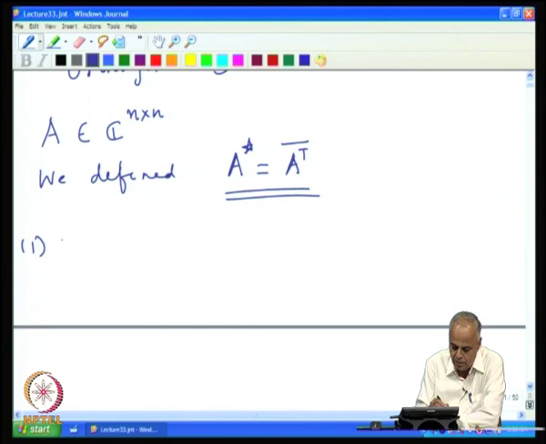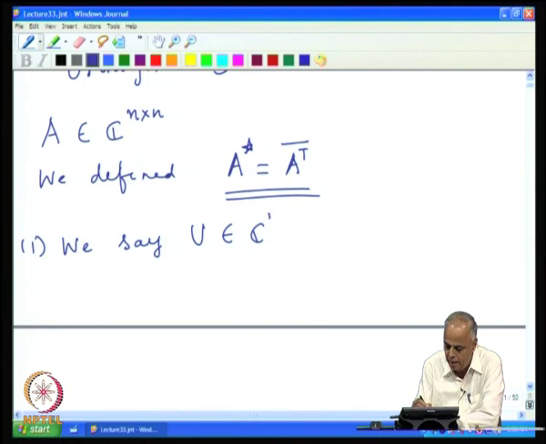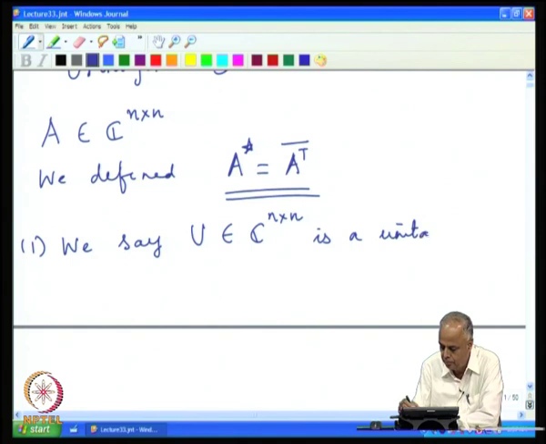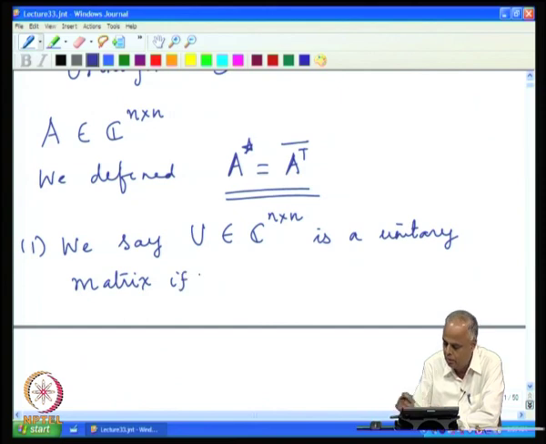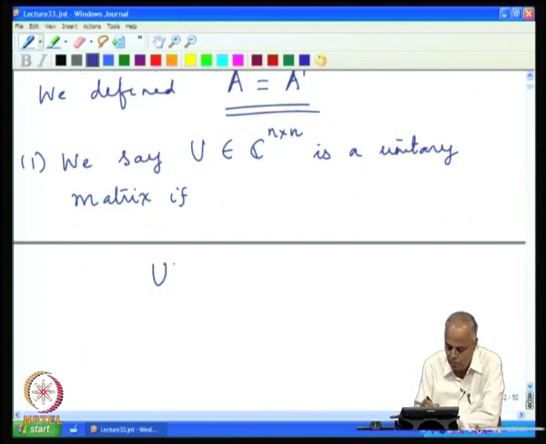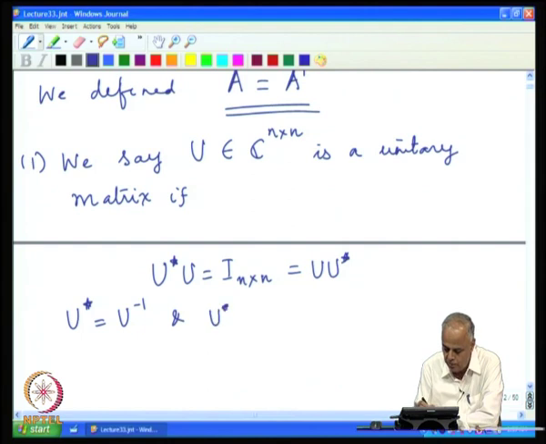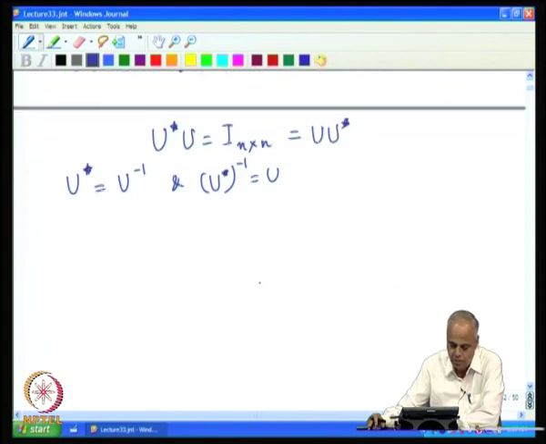Then we say U belonging to C n n is a unitary matrix if U star U is the identity matrix, and hence U star will also be identity. This means U star is U inverse and U star inverse is U. Then we say the matrix is unitary.